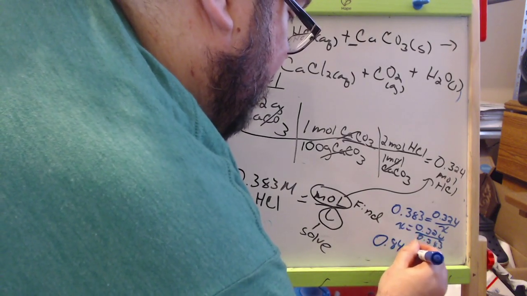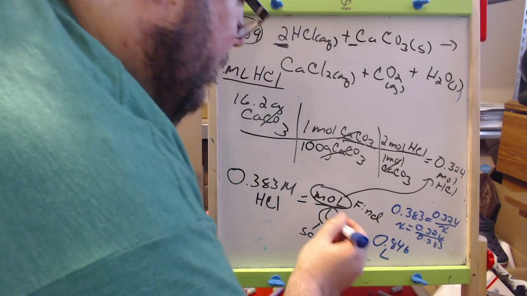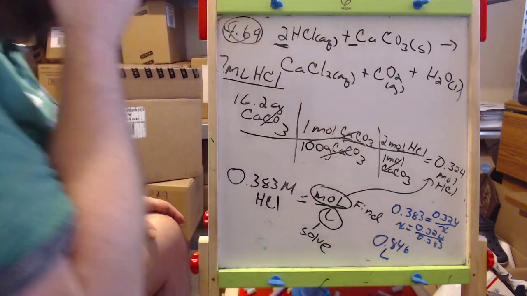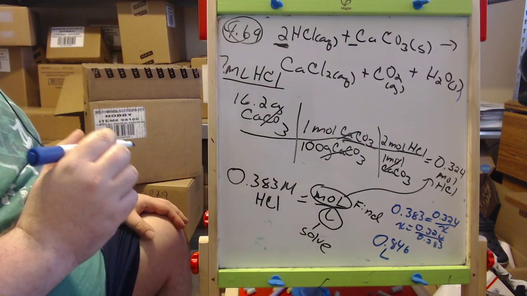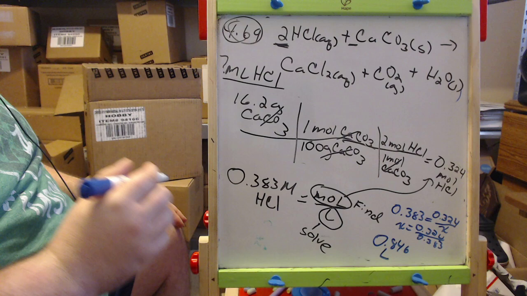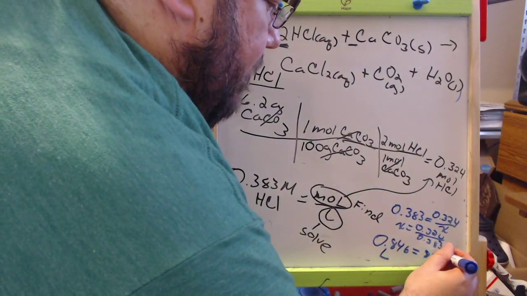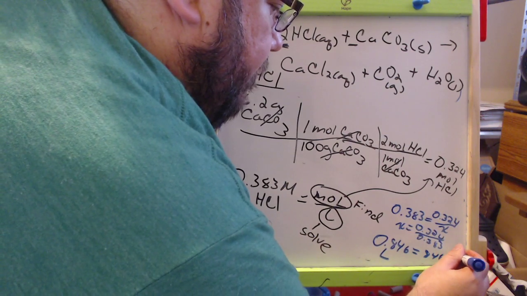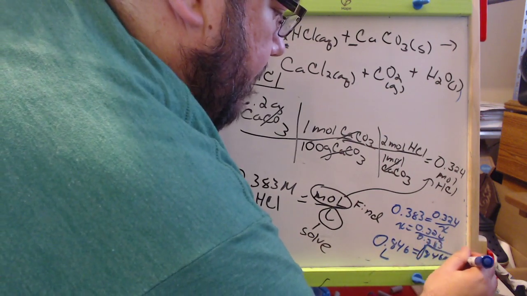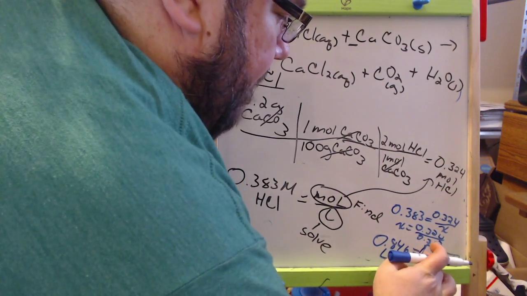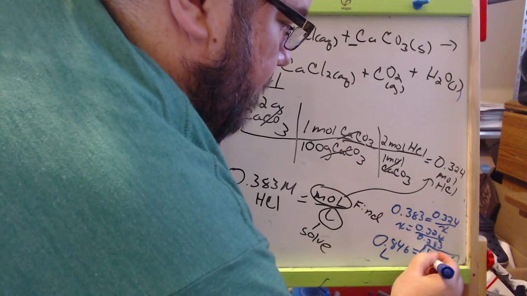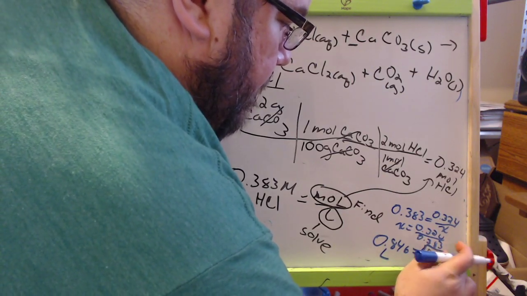Now, here's the thing. That's liters. Okay? They wanted in mils, so make sure you answer the question right. They wanted in mils, so we got to move the decimal 3 to the right. It's 846 mils. And if I can make my 8s and my 6s better, I would.